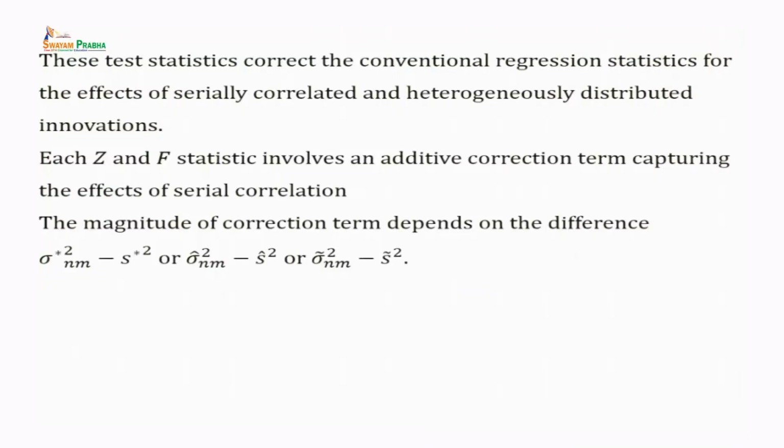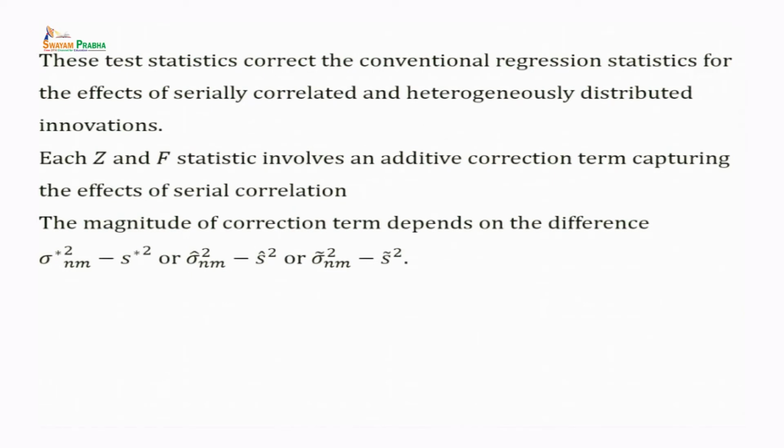So, at the stage of running regression, it does not bother about serially correlated innovations. Then each Z and F statistic involves an additive correction term capturing the effects of serial correlation.